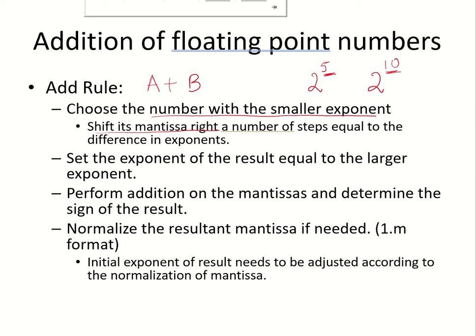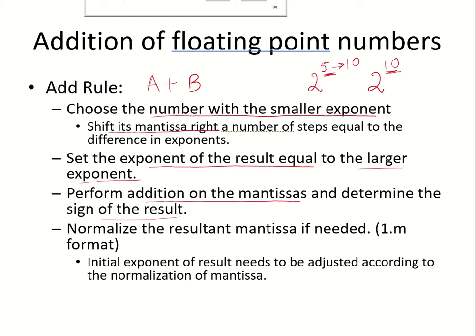Once the exponent of a is also changed to 10 by aligning the mantissas, we will set the exponent of the result equal to the larger exponent. So the exponent of the result would also be 2 to the power of 10. Then we are going to perform addition on the mantissas and determine the sign of the result.